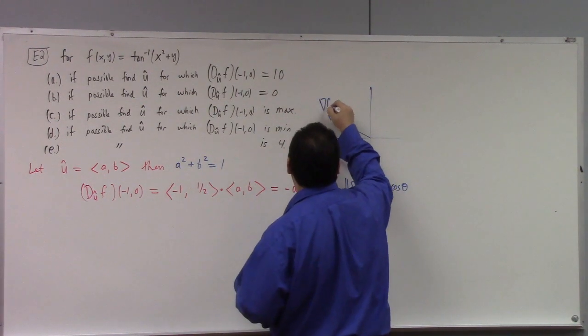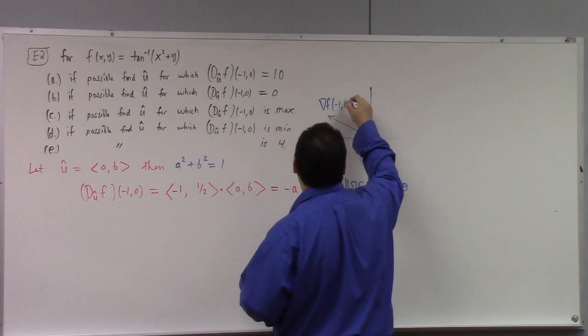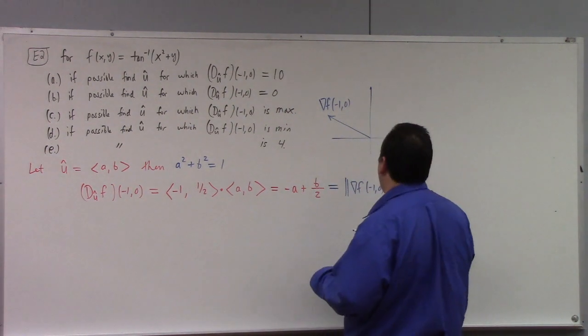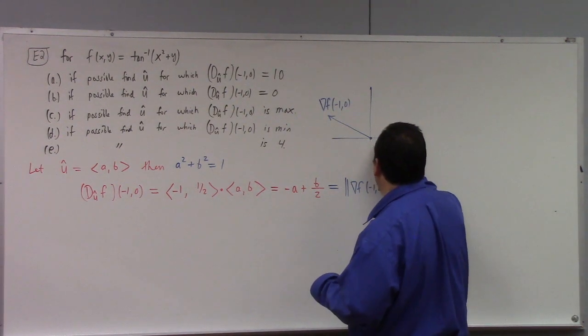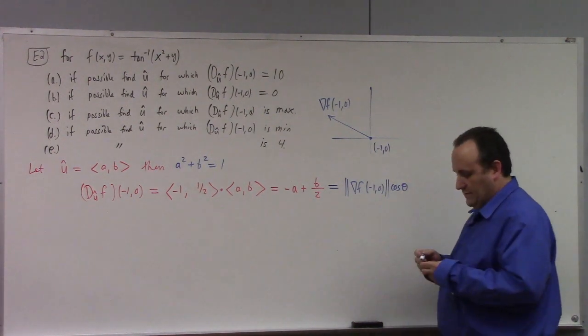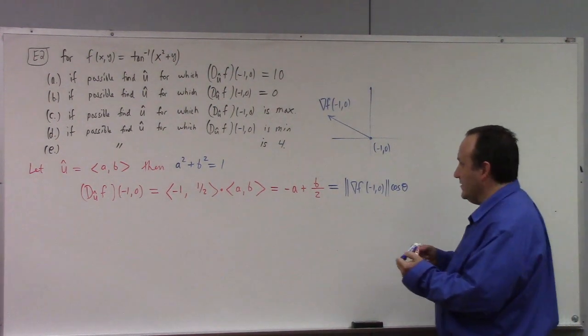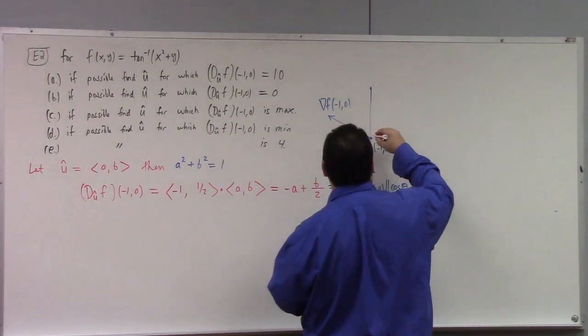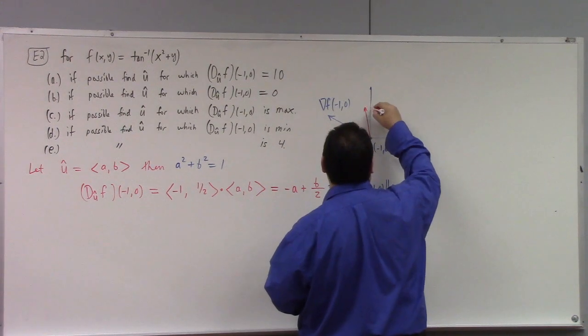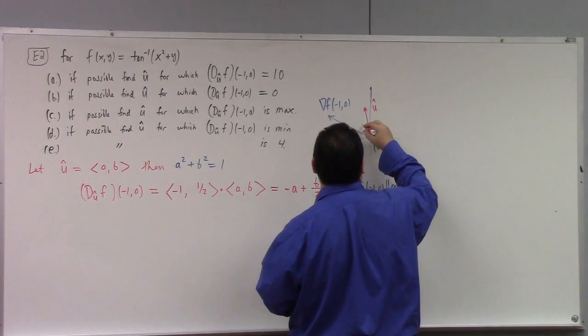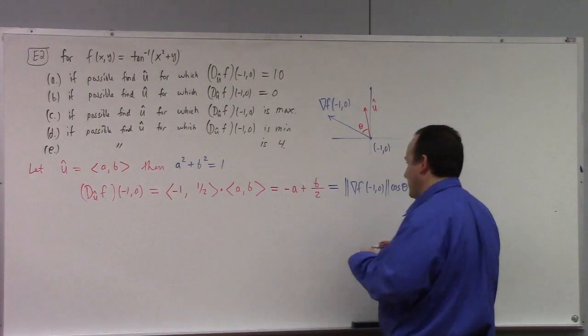The point that I'm drawing here would be minus 1, 0 in my picture, okay? Theta here is the angle between this and that. Not to scale, obviously.